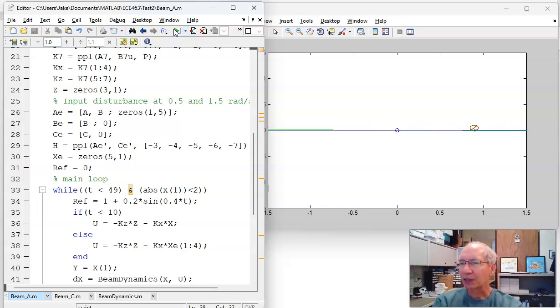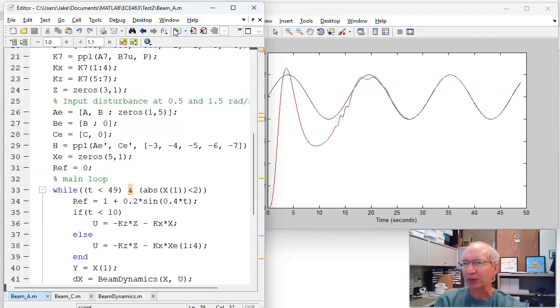It figured that out. That's the squirrely part, where I switched over. It is now tracking in spite of the constant disturbance. And actually there's the sine wave disturbance too, but it's small enough not to really bother me too much. And it's tracking in spite of the mass being 2.1 kilograms. And that's the solution at the A level. So that is test number 2 for 463 control systems.